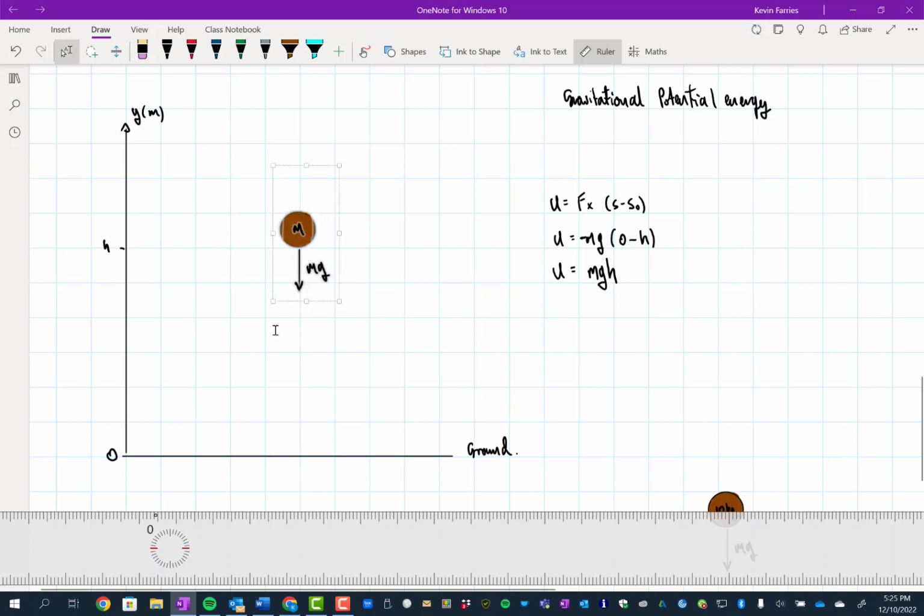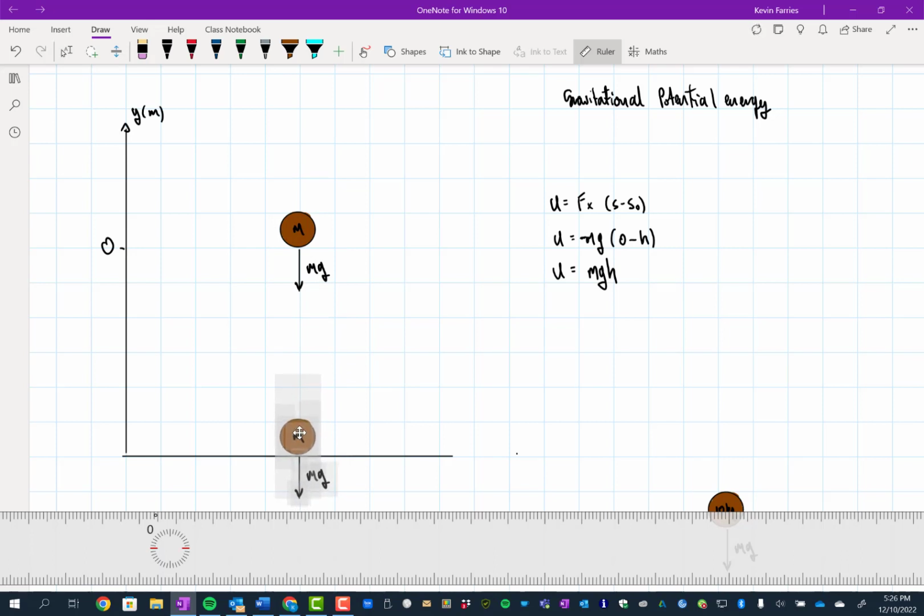Now, this gravitational potential energy does not need to be positive, it could be negative. You might not choose your datum on the ground, you might choose your datum to be that position. That might be our datum 0 there, and this might be negative. In order for this ball to go from that position to this position, you'd need to do work against gravity, so it would have negative gravitational potential energy at this position.